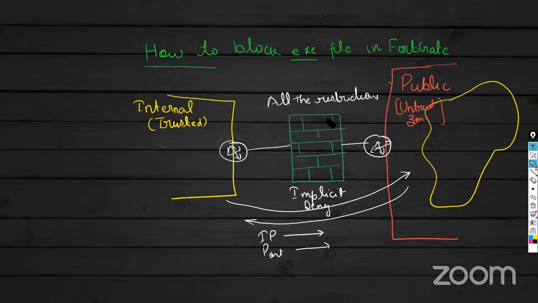So today, let's suppose there's a user on the internal zone and he's trying to access any website and download an exe file. You know that an exe file is an executable file, and using that you can install anything. There are some other file types as well which are executable or can be harmful to your environment, like a malicious file.